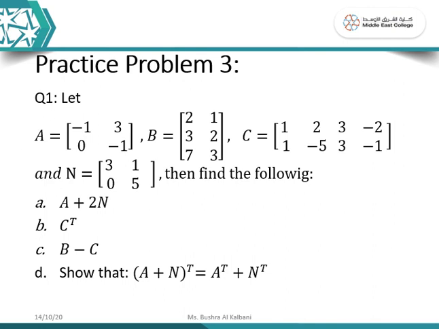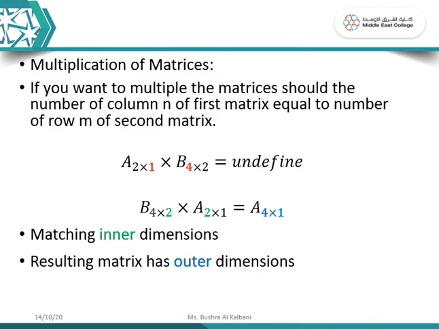Okay, now you have here a practice. Multiplying the matrix. If you want to multiply matrices, you also have to know about the size. If matrix A has the number of columns equal to the number of rows in matrix B, that means you can multiply them.